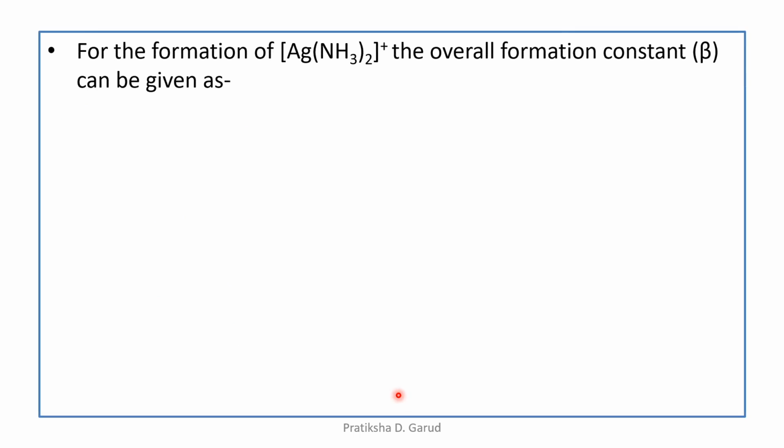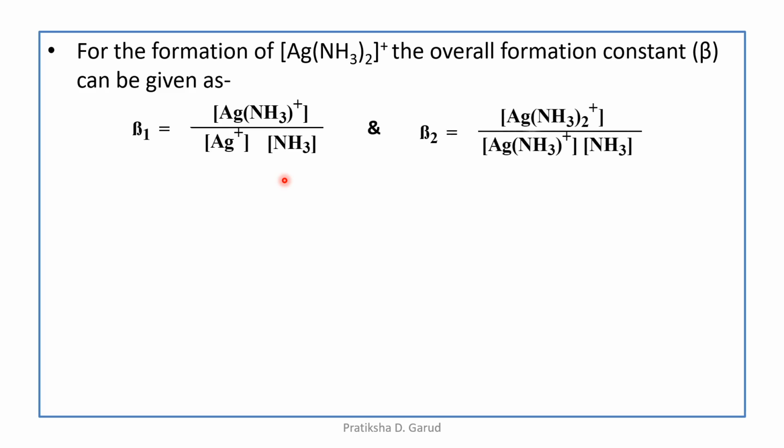For the formation of AgNH3 twice plus, the overall formation constant, that is capital K or beta, can be given as B1, that is beta 1, is equal to concentration of the product, that is AgNH3 plus divided by reactant, that is Ag plus into NH3. Similarly, we have the second, that is beta 2, which is equal to AgNH3 twice plus divided by AgNH3 plus into NH3. So this is from the second reaction.